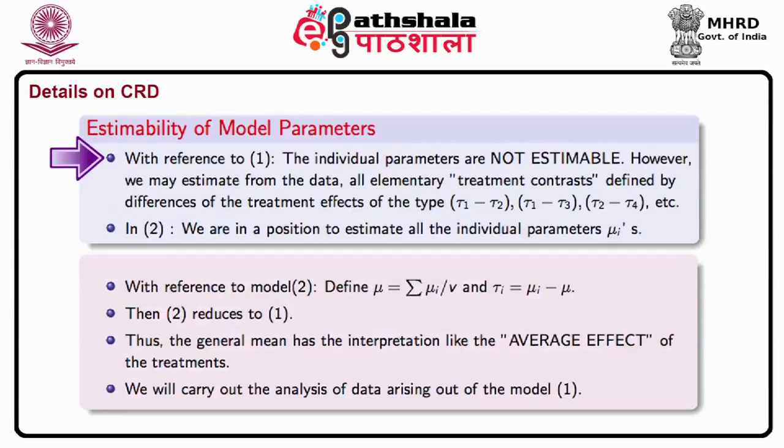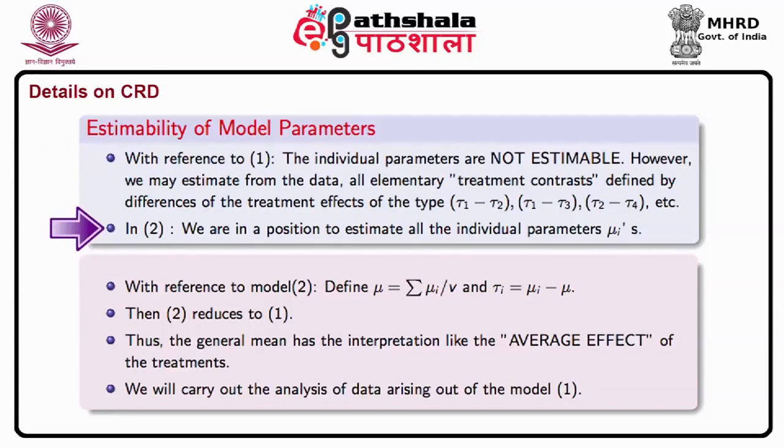Now, with reference to 1, the individual parameters are not estimable. However, we may estimate from the data all elementary treatment contrasts defined by differences of the treatment effects of the type tau 1 minus tau 2, tau 1 minus tau 3, tau 1 minus tau 4, and so on.